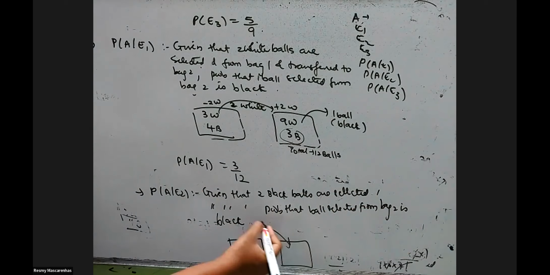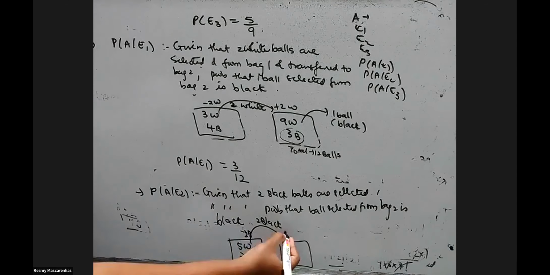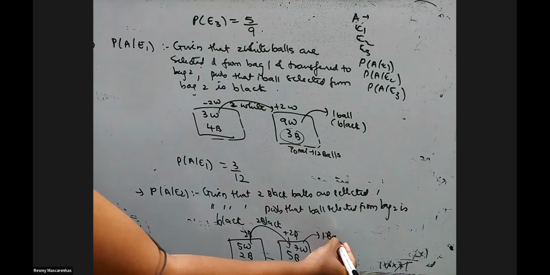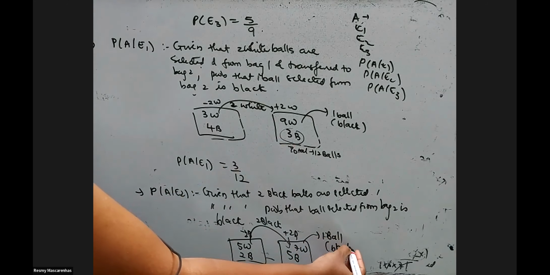Now we are transferring two black. So only two black will remain here. So minus two black. So here you are adding plus 2. So total 5 black will become. White will remain the same one. From 3 they will become 5. And so one ball is picked. What is the chance? It has to be black.